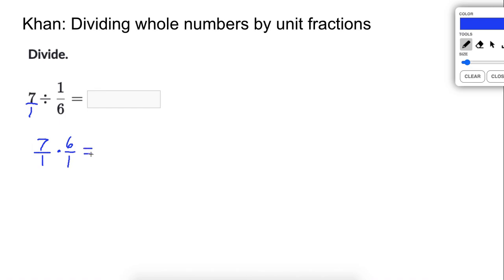And then we just end up with 7 times 6, which is 42, and 1 times 1 is 1 again, so we would just go to 42. And that would be the answer we would enter in there. So we just end up with 42.